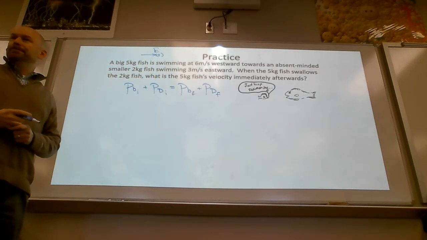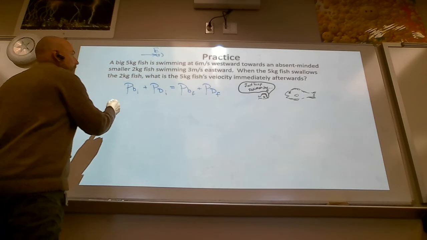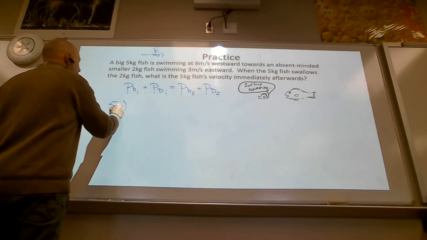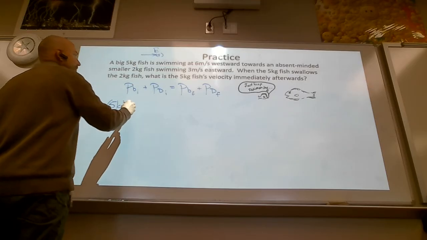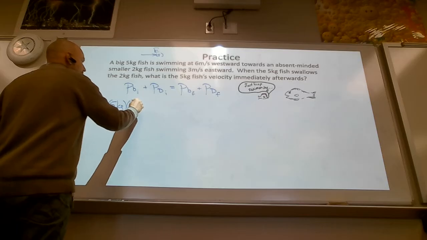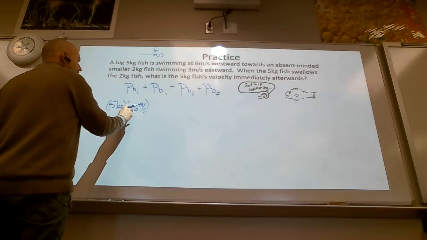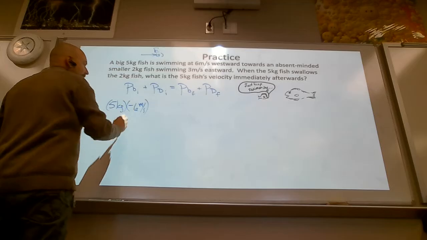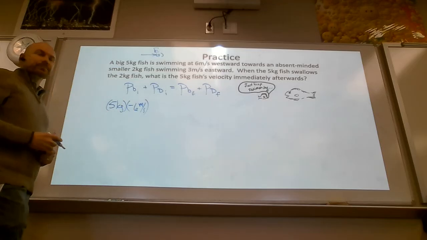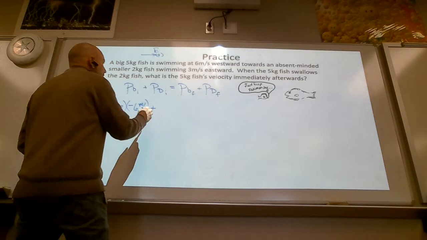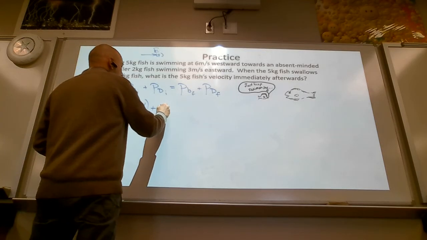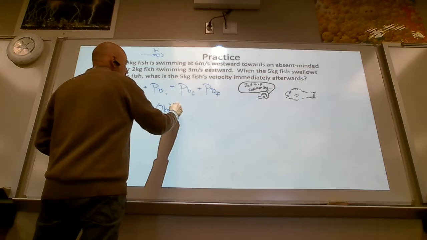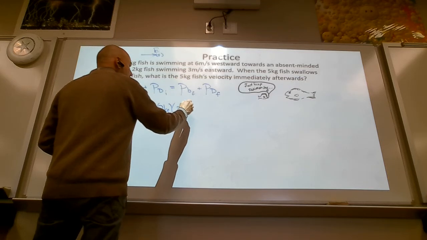Initially, the big fish has a mass of 5 kilograms and a velocity of 6 meters per second. That's a velocity that has direction, so I need to assign that based upon what I've got. That is a negative 6 meters per second. Plus the momentum of Dory is 2 kilograms times her initial velocity of 3 meters per second going eastward.